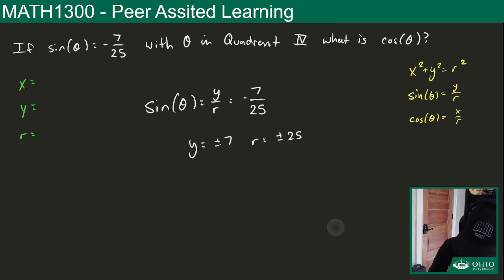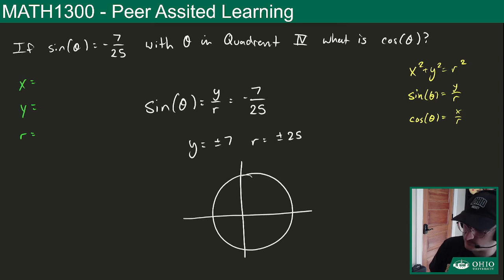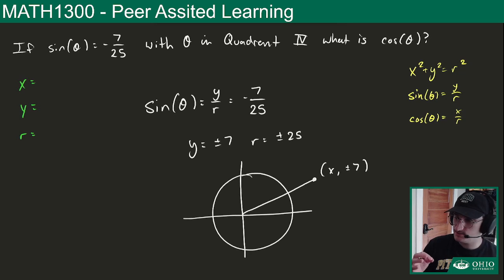Well, if we think about it, on our unit circle, and that's not a very centered unit circle, but you have to work with me, wherever our point ends up, I have a point out here somewhere, and my y value of this point is plus or minus 7, x is whatever. Well, let's assume that r is the one that got the negative.